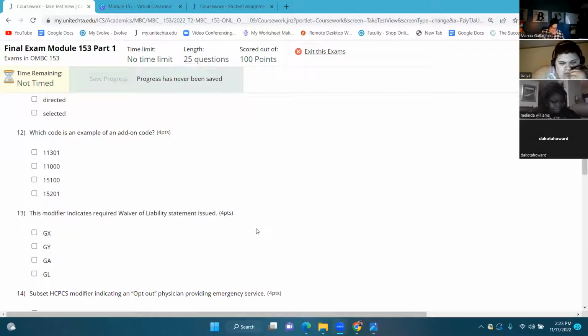GX is notice of liability issued voluntarily under payer policy. GY is item or service statutorily excluded, does not meet the definition of any Medicare benefit, or for non-Medicare insurers is not a contract benefit. So it's not GY. GA, waiver of liability statement is issued as required by payer policy, individual case. It's GA.